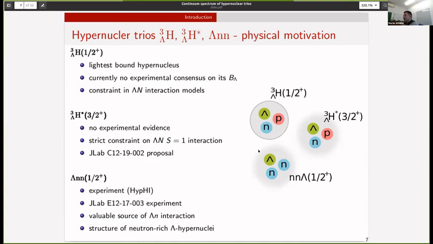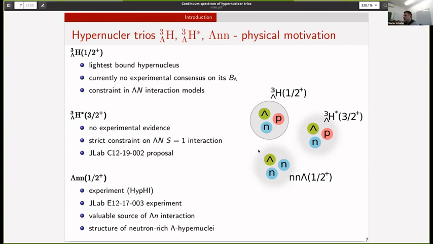Besides the ground state of the hypertriton, there are also other states which I've already mentioned. The first of them is the excited state of the hypertriton, 3/2+. So far, there is no experimental evidence for this state. However, it is still very interesting because it would put a strict constraint on the lambda-n spin equal 1 interaction. There is, I think, an existing JLab proposal to measure this state.